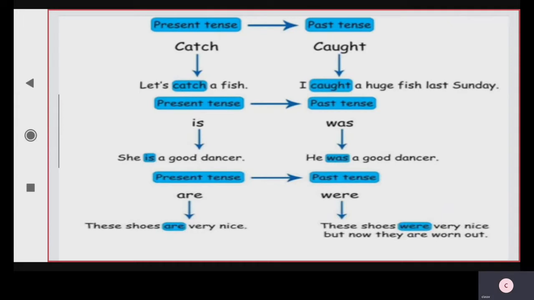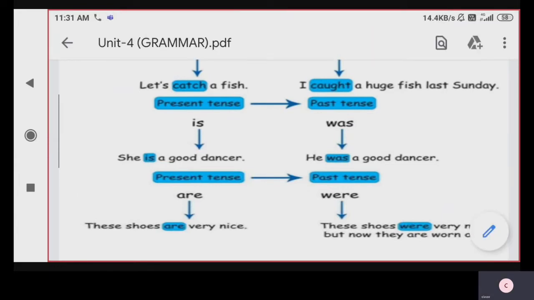Next, she is a good dancer. Here, the verb is in present tense. He was a good dancer. Here, the verb was is in past tense. These shoes are very nice.